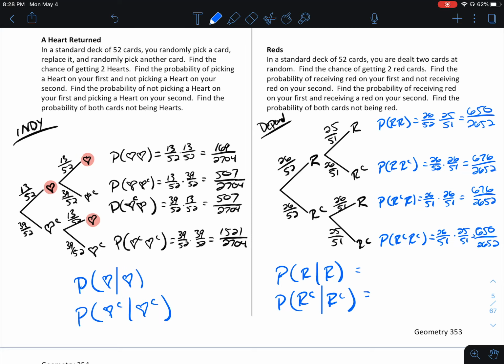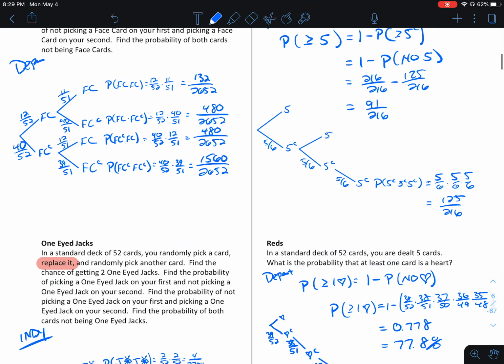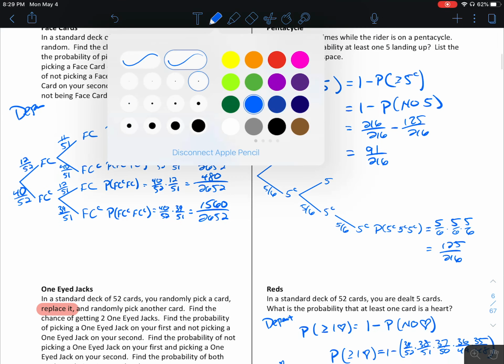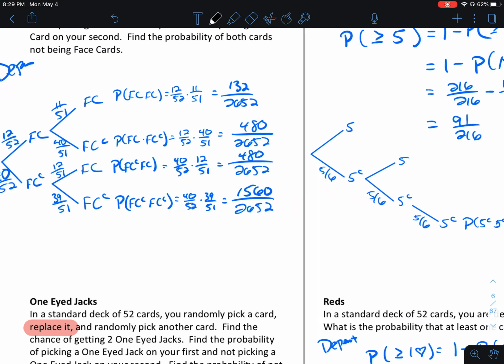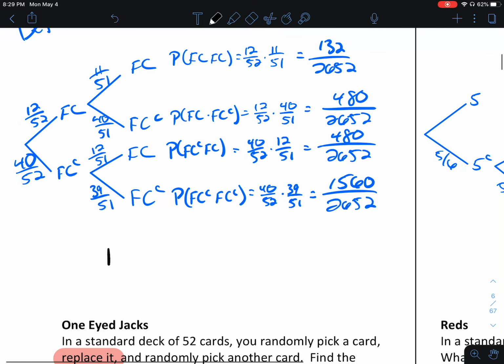And let's just do a couple more. Let's not get crazy about it. Let's do, for one-eyed jacks, let's do the probability. Let's not do that one.